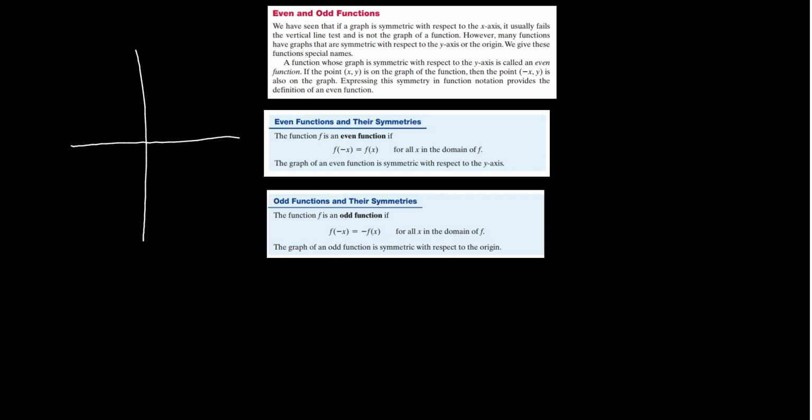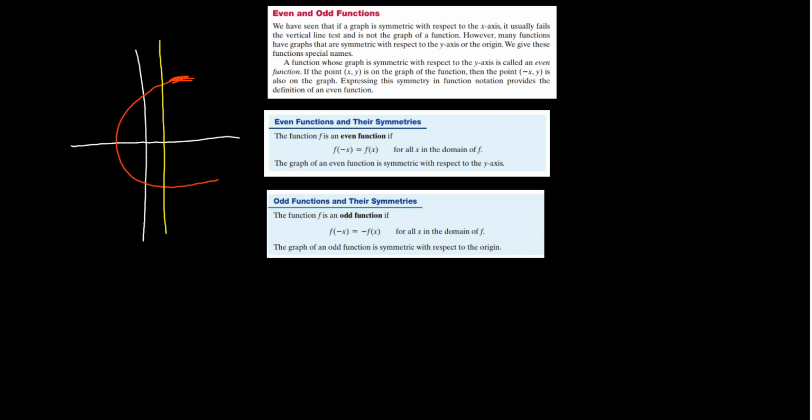We have some graph like this, and I didn't mean to put a little indentation there, but all right. This graph, my best attempt here, is symmetric about the x-axis. But notice how it does not pass the vertical line test, and therefore it is not a function, right?